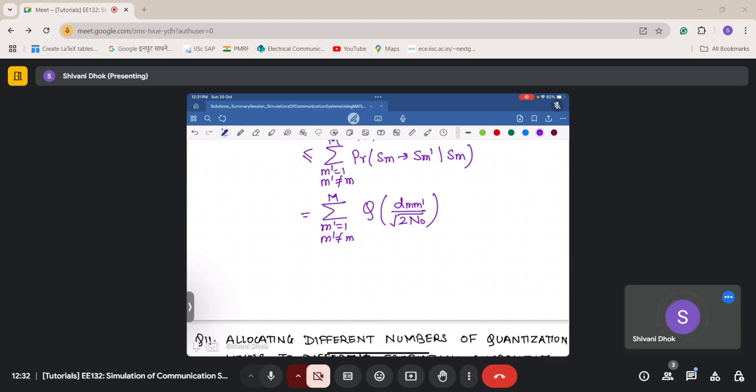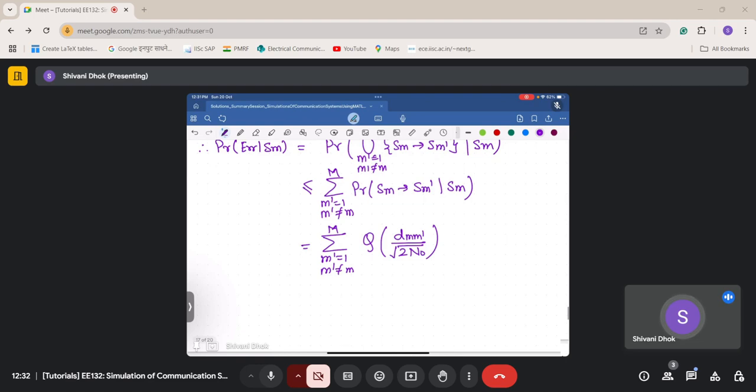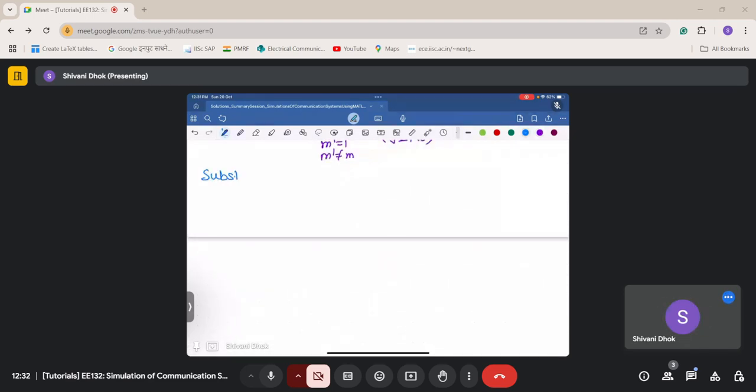Okay, so now let me substitute this back into equation 1. Substituting this in equation 1, we get probability of error.